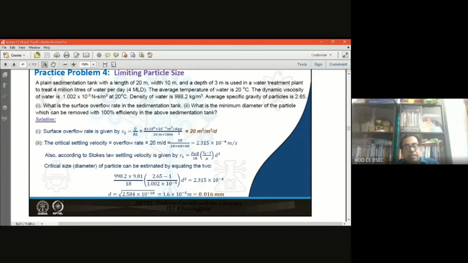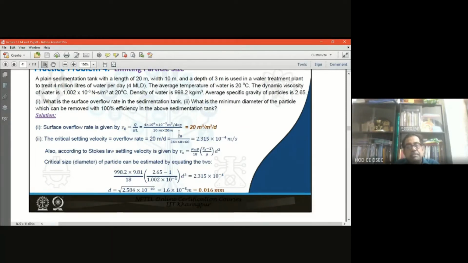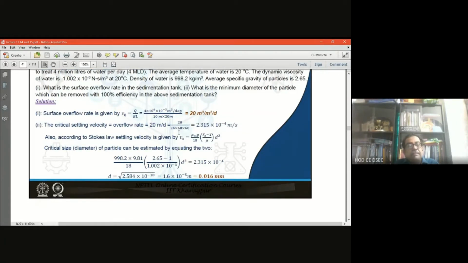So Vs, which is given by the Stokes law expression, rho g by 18 into (Ss minus 1) by mu into d square, has to be equated with the overflow velocity, the critical settling velocity, which is 2.315 into 10 to the power minus 4. Why am I equating these two velocities? Because in 100% efficiency, we know that Vs is nothing but the critical settling velocity, V0 or VC.